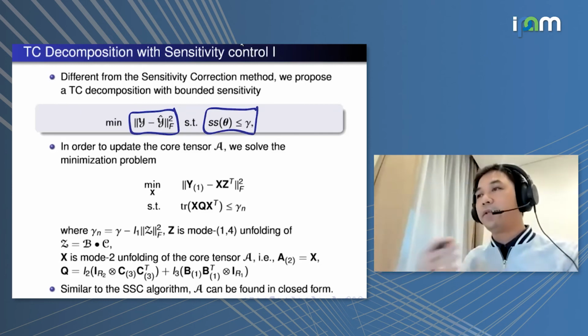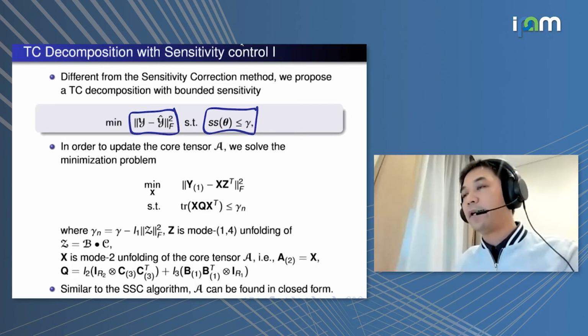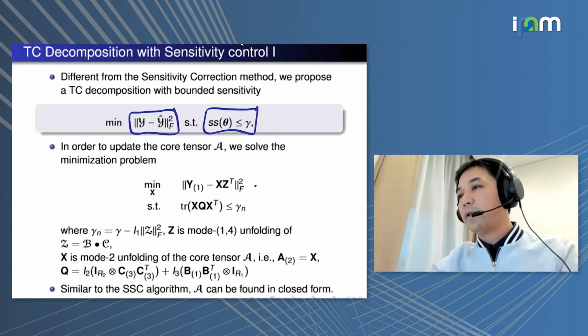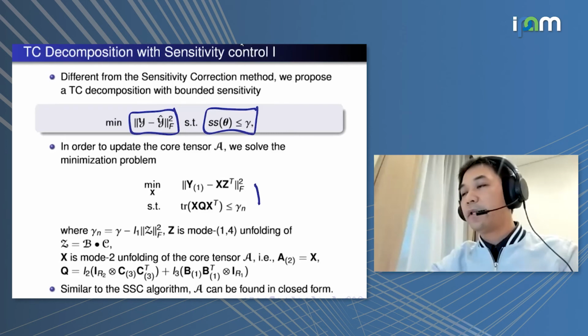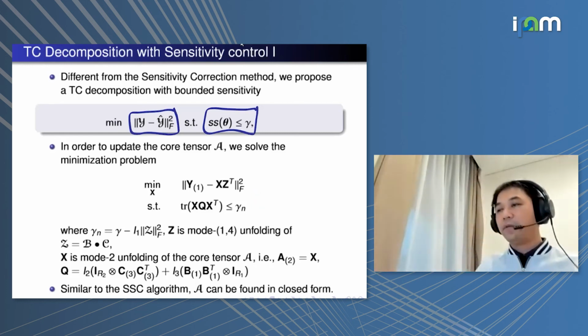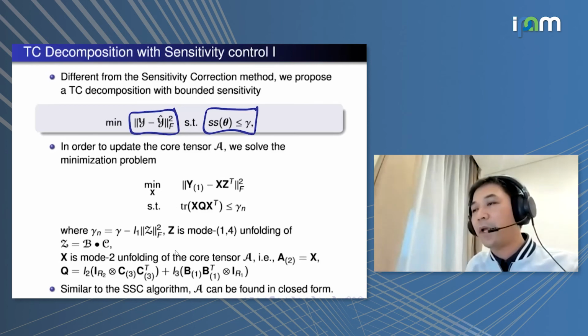Similarly to the sensitivity correction before, the optimization problem is very similar. We just swap the objective function and the constraint function. I skip the algorithm. Again, this optimization problem can be solved, and the solution can be found in closed form.